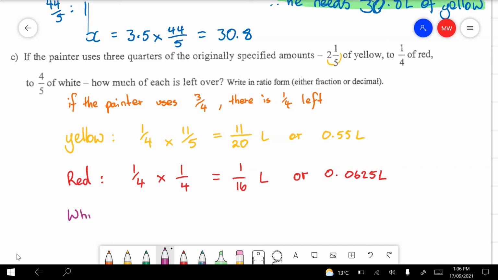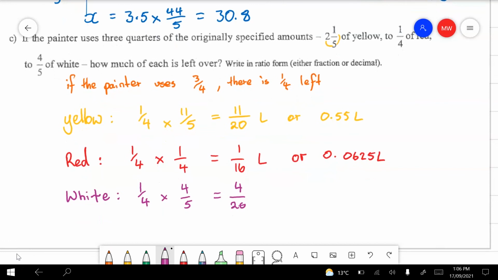So white, what's a quarter of 4/5? Top times top, bottom times bottom. We better simplify that fraction. So this one's going to either be 1/5 of a litre, or if you're using your calculator, 0.2 litres. So they'll be your final answers.